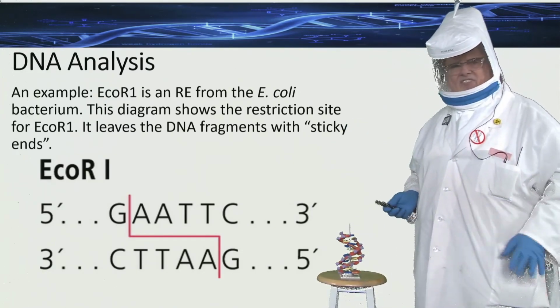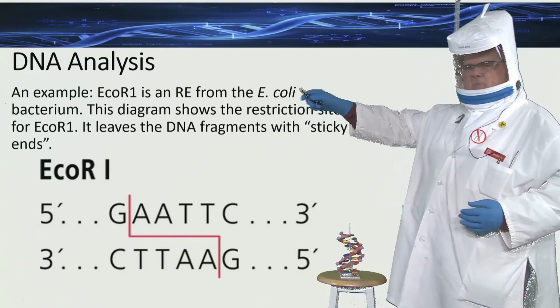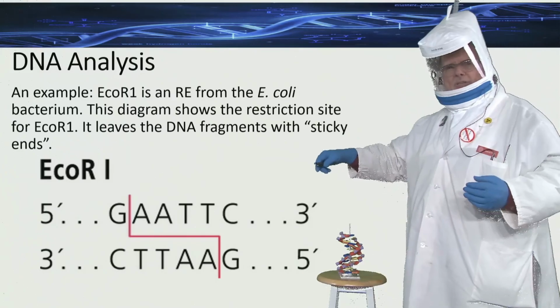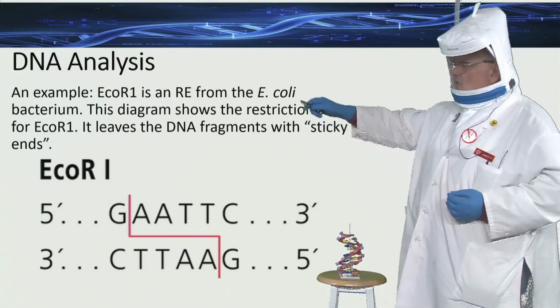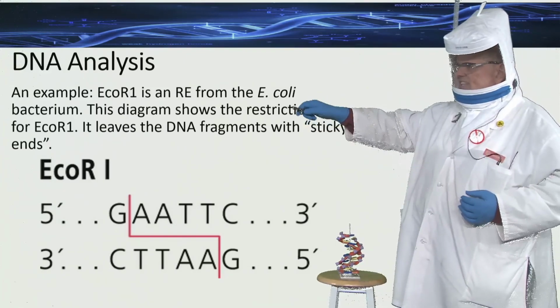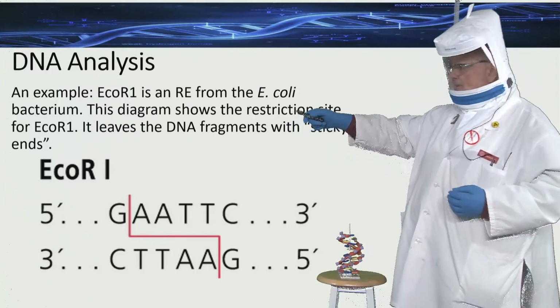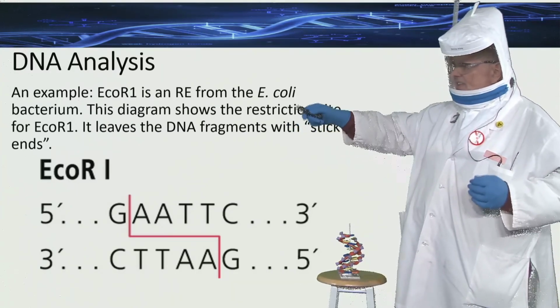If it doesn't have that sequence, it's not going to cut it. And of course, the complementary strand is going to have the reverse of that. So it's CTTAAG, but if you read that backwards from the 5' end, it's GAATTC.